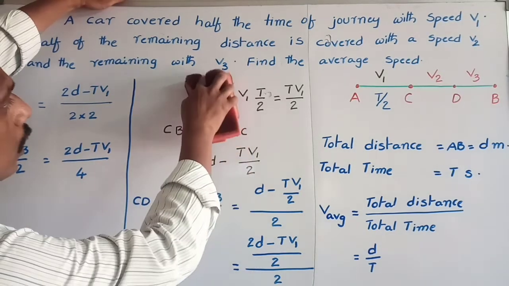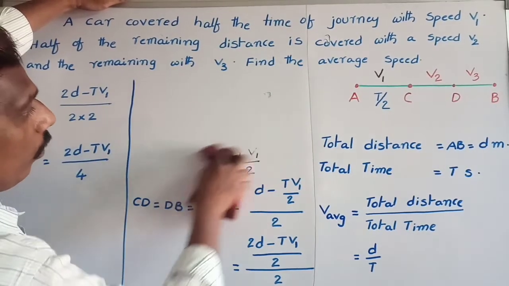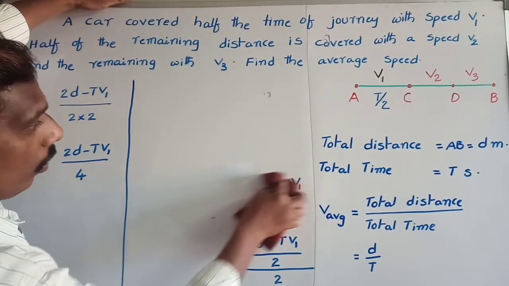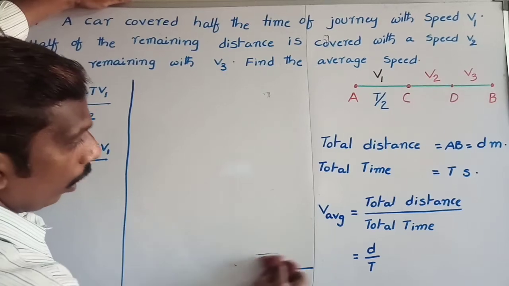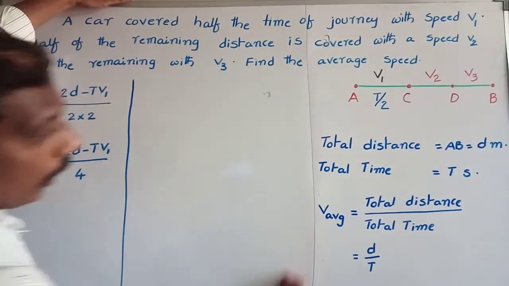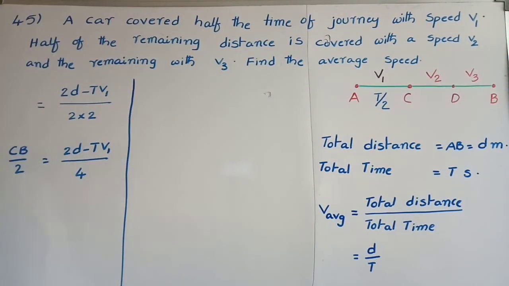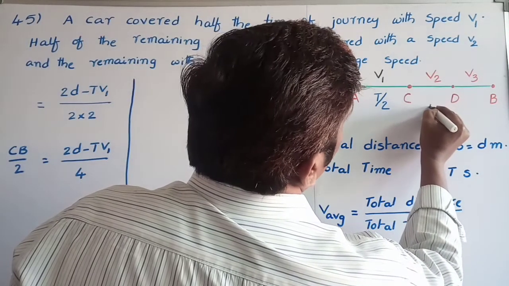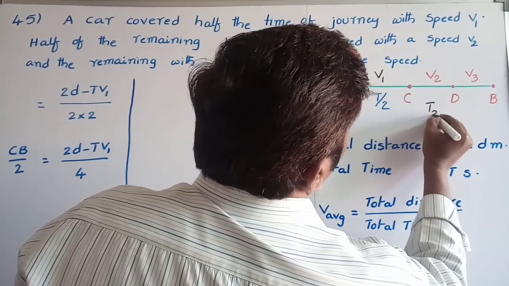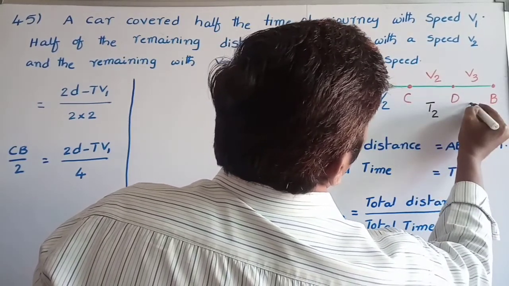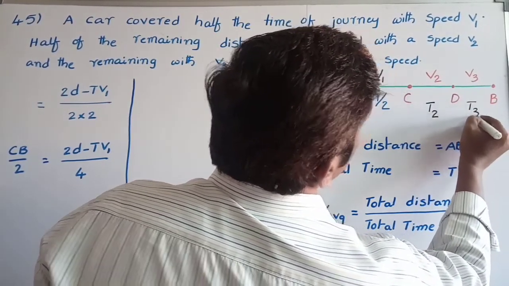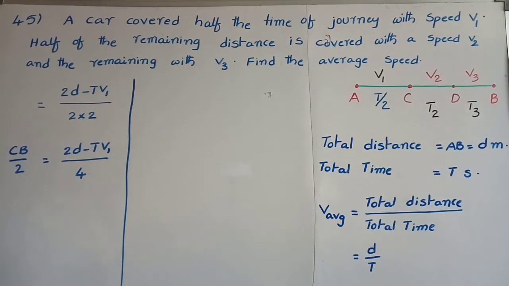I am rubbing this middle portion, and now I am assuming the time taken by a body to travel from C to D is taken as T2 seconds and D to B is taken as T3 seconds. So from that, T2 is equal to time.